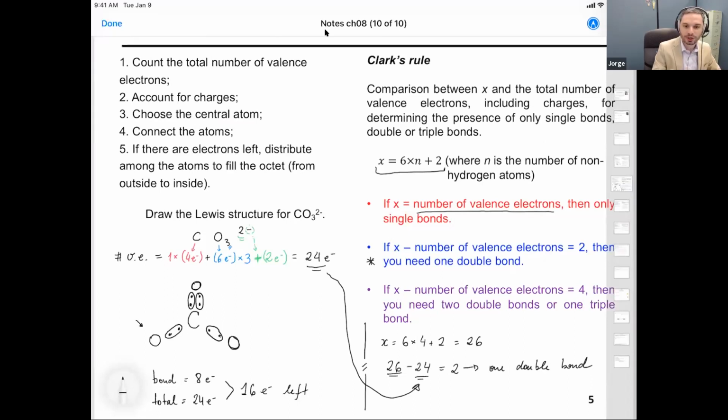Remember, each single bond means 2 electrons that belong to both elements. So therefore, this oxygen has only 2 electrons. Of course, it's not happy because it needs to have 8. So let's add 6 electrons around the oxygen to complete the octet.